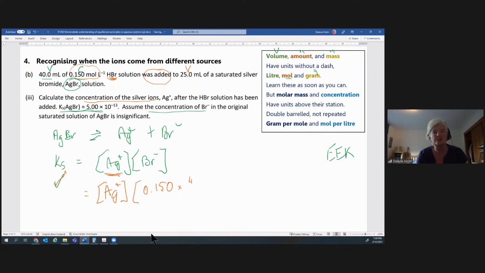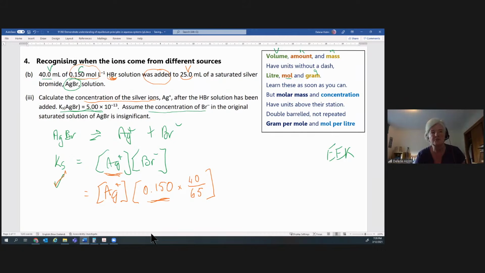So I had it originally as 40 mL, but when I combined the 25 and 40, I now have 65 mL. So that is my new concentration. Now you might say, well, why did I multiply by 40 and divide by 65? Can't I do it the other way around? Again, just use common sense. If I'm diluting this solution because I'm mixing it with another one, I would expect my concentration to decrease. And therefore, to decrease the concentration, the bigger number needs to be at the bottom.